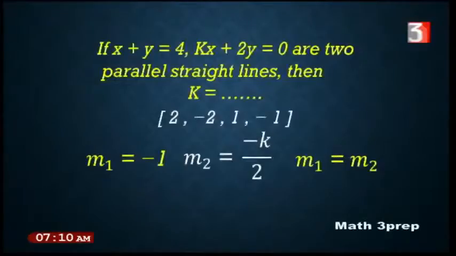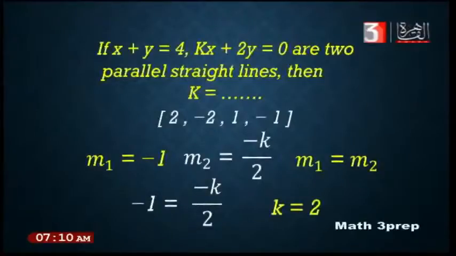By equalizing the two slopes, -1 equals -k over 2. By making cross multiplication to find the value of k, you are going to obtain k equals 2, which is the first choice.